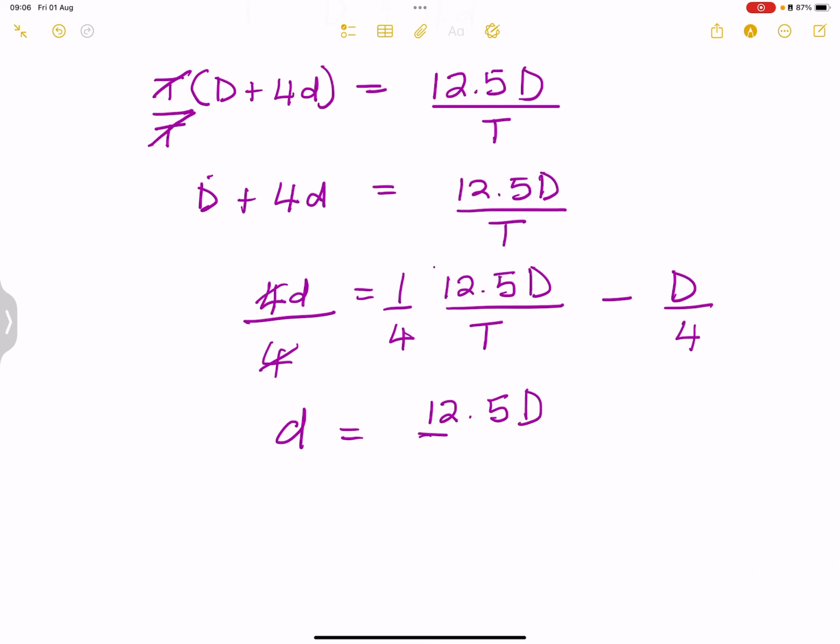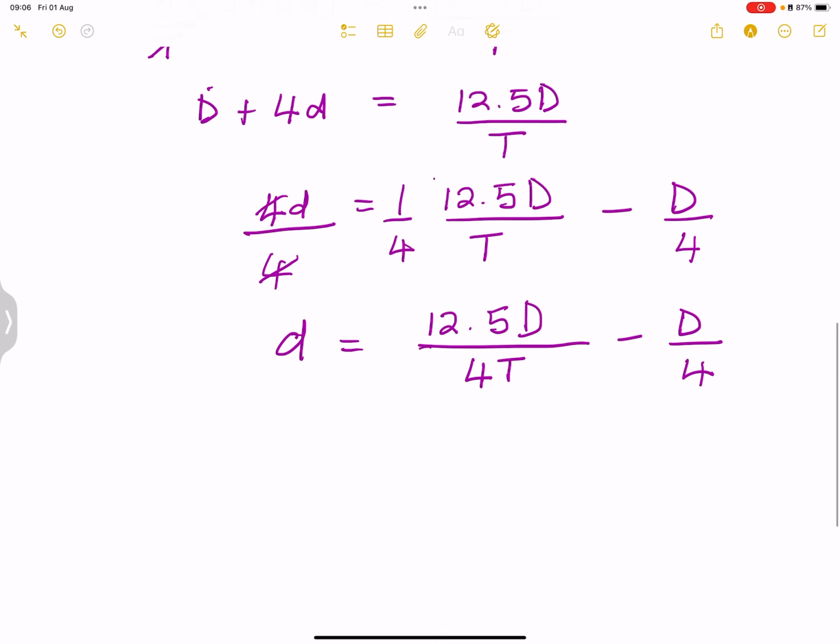Right, 12.5D divided by 4t minus D over 4. And essentially, ladies and gents, that is how the cookie crumbles. This is how we are going to write it. If you wanted to still simplify this, you are more than welcome to do so. I will leave it like this for now.